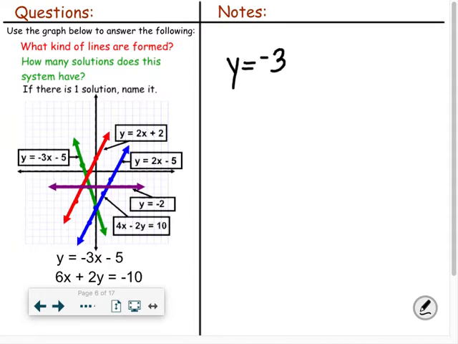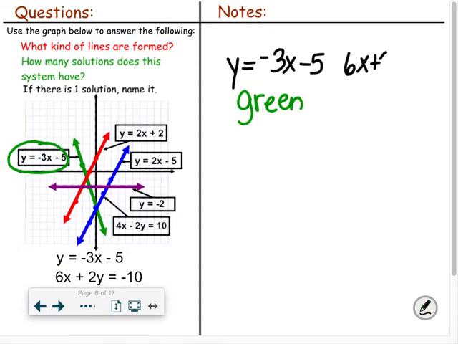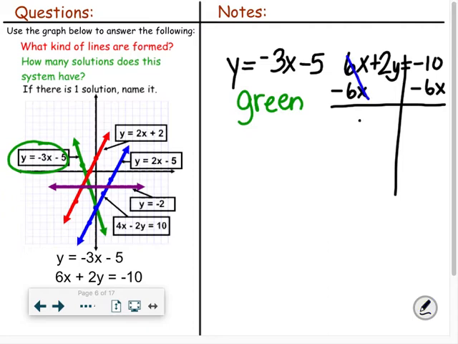Next example. That's y equals negative 3x minus 5. That line is green. And then the next one looks like I need to solve. So I'm going to get this one into slope-intercept form by subtracting 6x on both sides. 2y equals negative 6x minus 10, and then divide everything by 2.